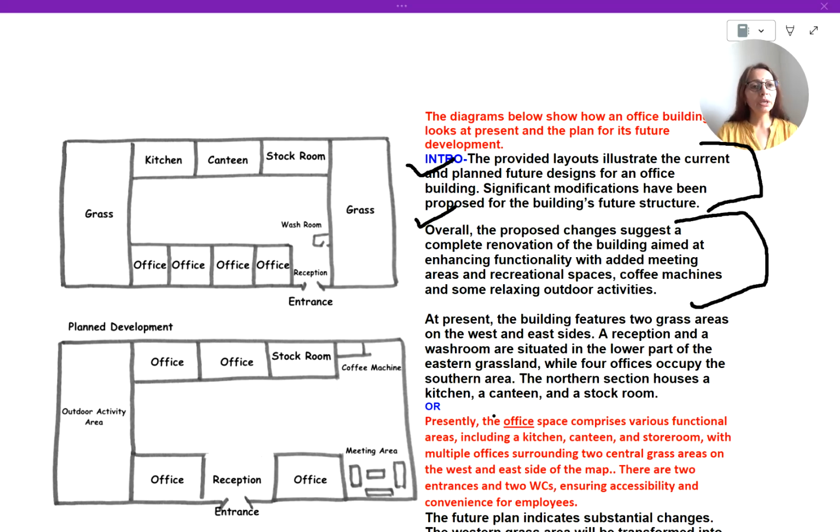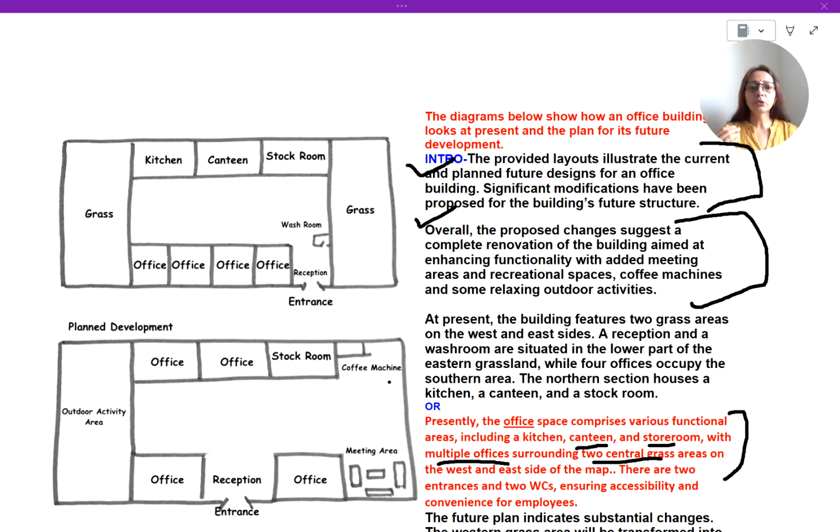Now, another way you can write the same map. Presently, the office space comprises various functional areas, including a kitchen, canteen, and storeroom, with multiple offices surrounding two central grass areas on the west and east of the map.